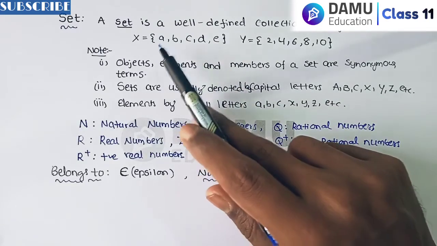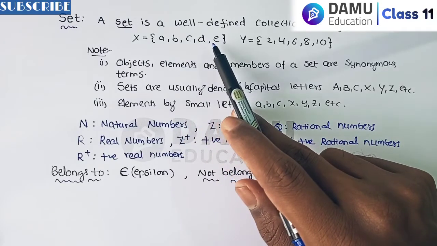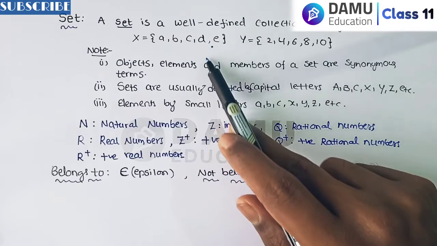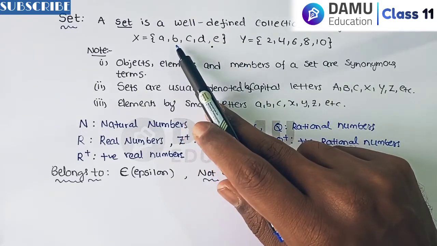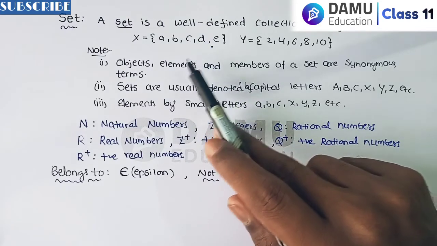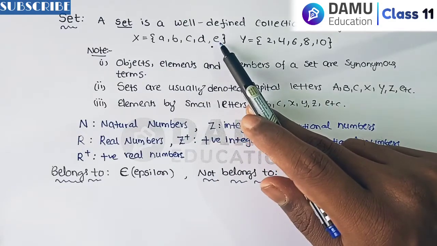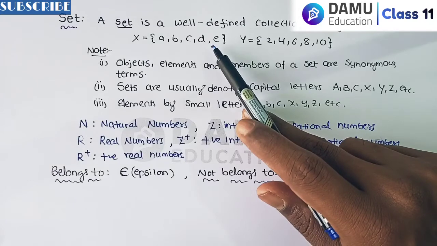You can also say A is an element, B is an element, C is an element, D is an element, and E is also an element. Or you can say members: A is a member, B is a member, C is a member, D is a member, and E is also a member. You can use any one word from these to refer to each one in a set.